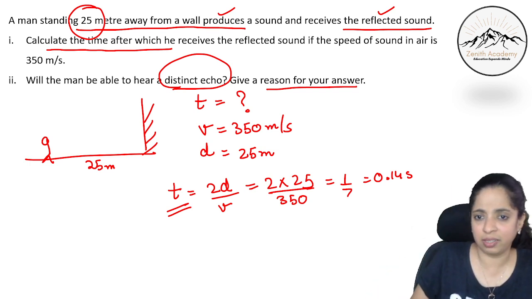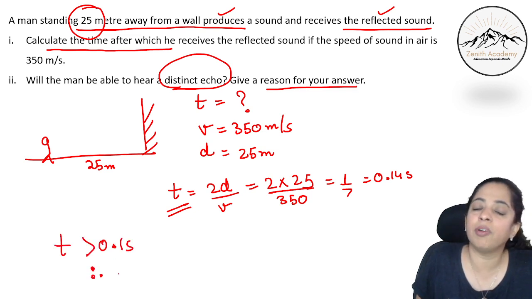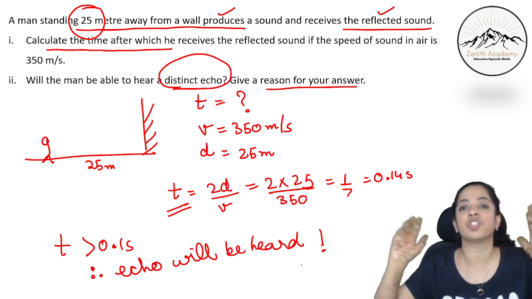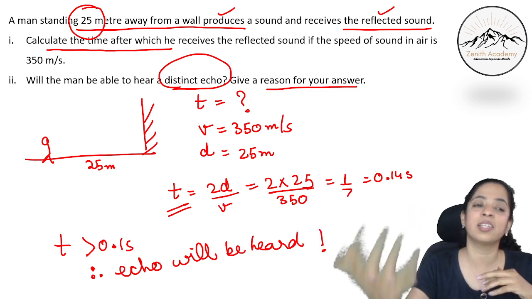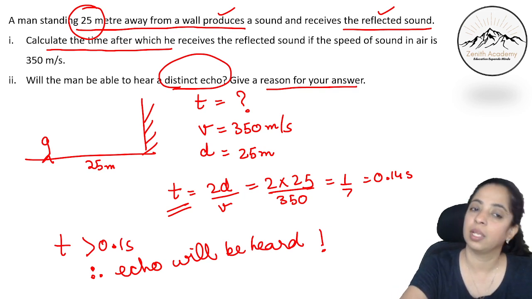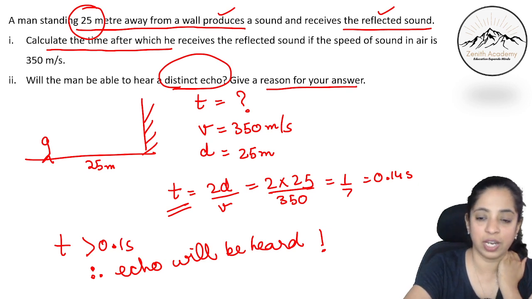So yes, the time is more than 0.1 second. Therefore, both the conditions are fulfilled. Therefore, echo will be heard. You will have to write this in sentence form. You have to state the conditions. This is a big numerical, okay? And please also show the working of calculating the time. Chalo, let's go ahead.